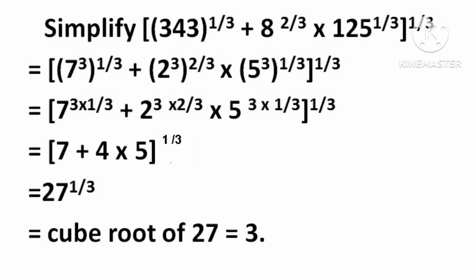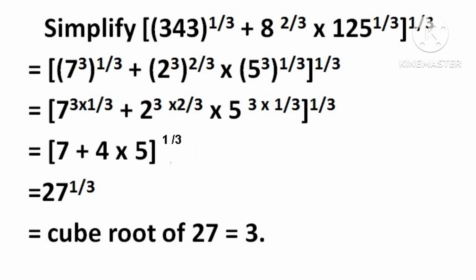We can see that 8 can be expressed as 2 raised to 3, also 125 can be written as 5 raised to 3, therefore it is clear that indices 3 and 1 upon 3 will cancel each other. Now we should check whether 343 can be expressed as cube of some figure.